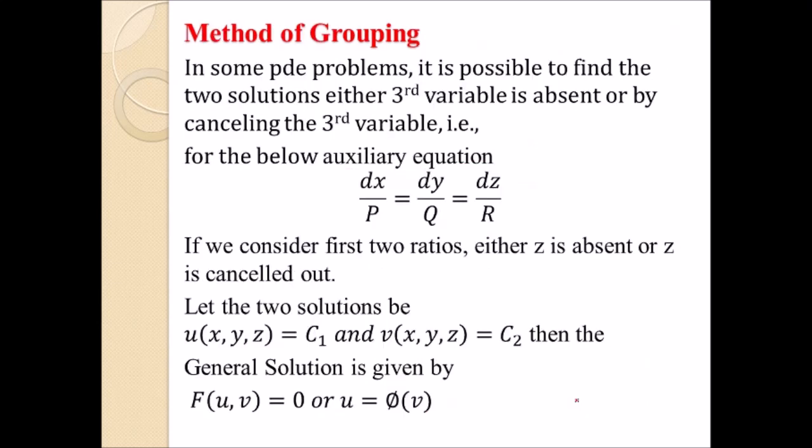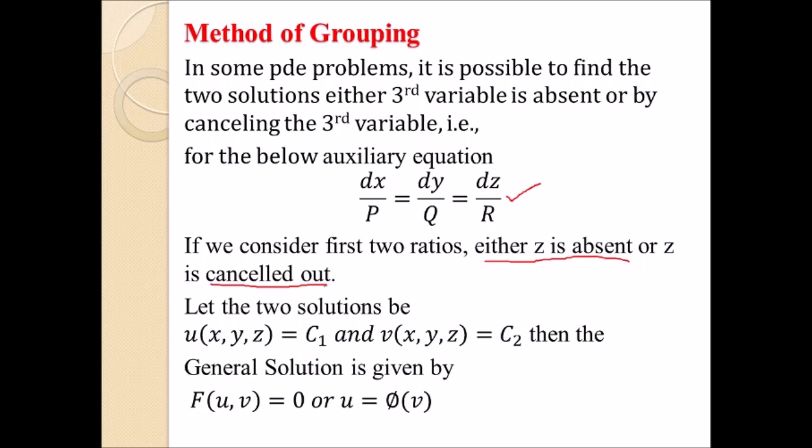Let's look at the method of grouping. In the method of grouping, we'll consider two ratios, either first and second, second and third, or third and first from the auxiliary equation. Suppose I choose first and second, we should be careful that either z is absent or the z term gets cancelled out. Then by using the variable separable method, we get one independent solution.